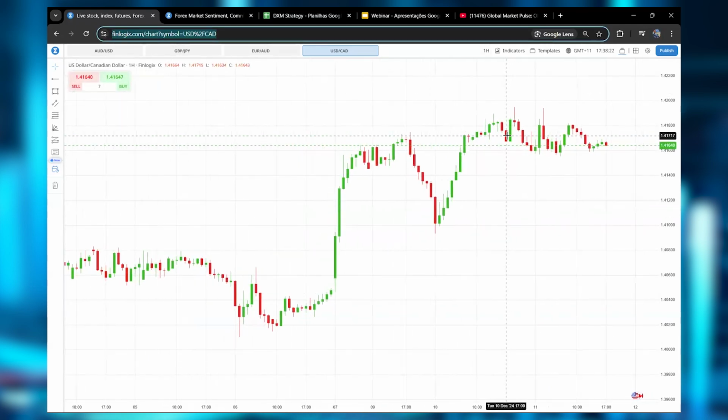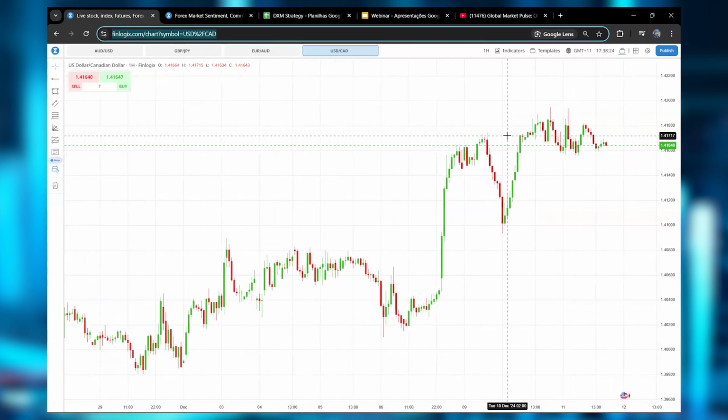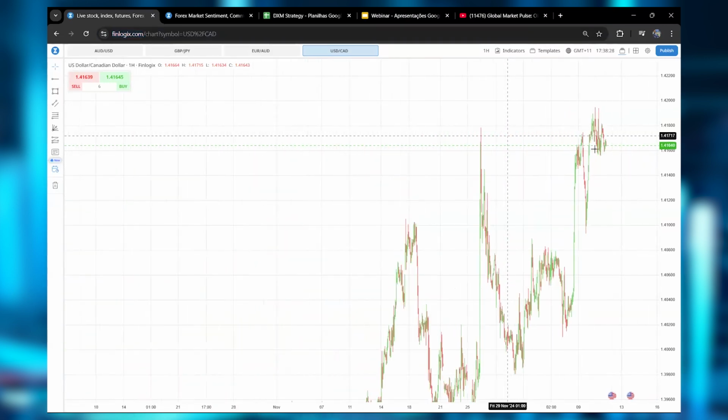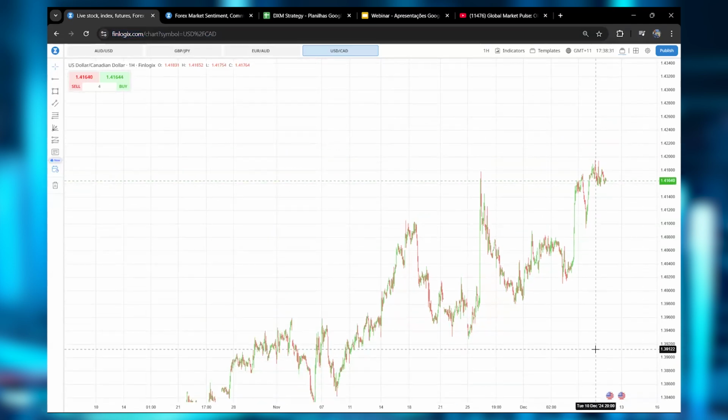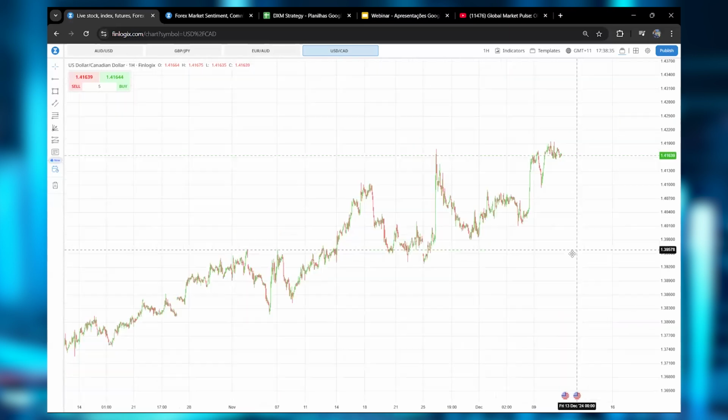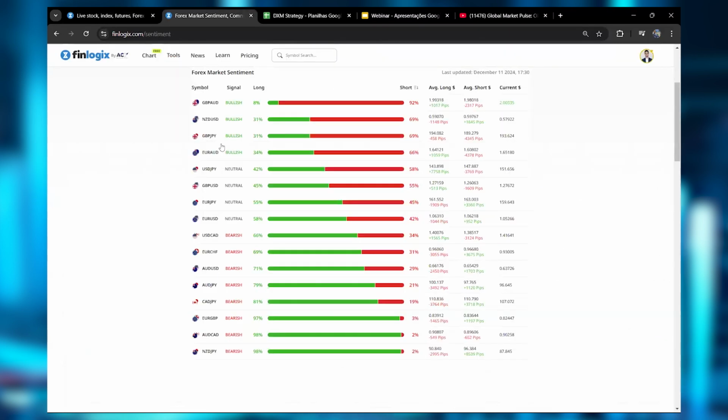Yeah, I think for USD CAD there's no trade to be done here. There's definitely some huge move to the upside because of the oil and strengthening of the US dollar. So not that great. Let's move on.